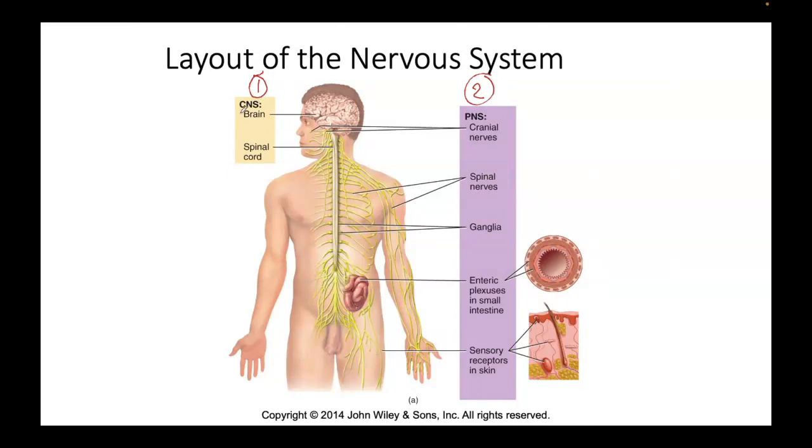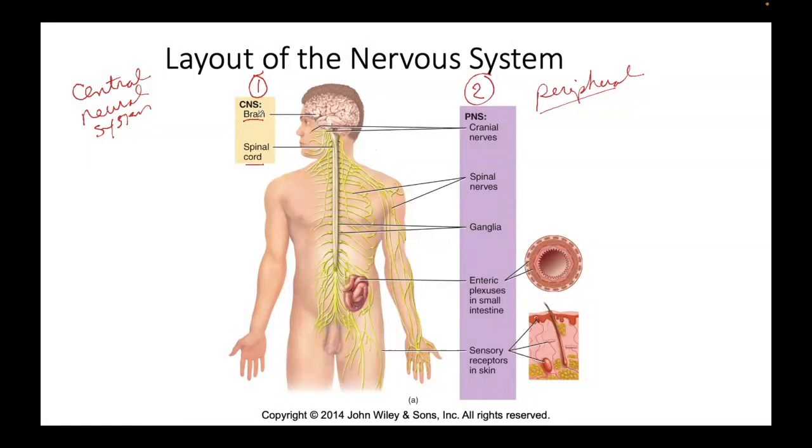The CNS stands for central neural system, and the PNS stands for peripheral neural system. The central neural system is the brain and the spinal cord, nothing else. Important to know, it's only the brain and the spinal cord.